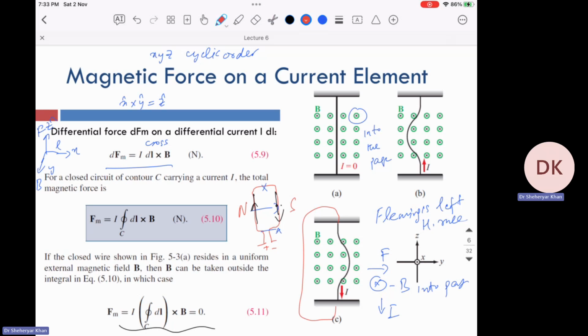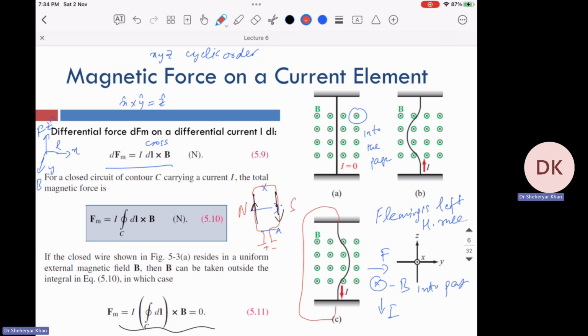Now you can use the concept of FBI, which is Fleming's left hand rule. It tells you how the force, field and current are related.